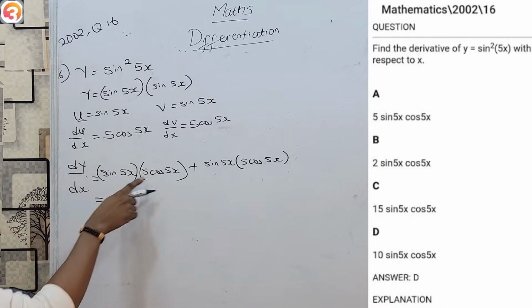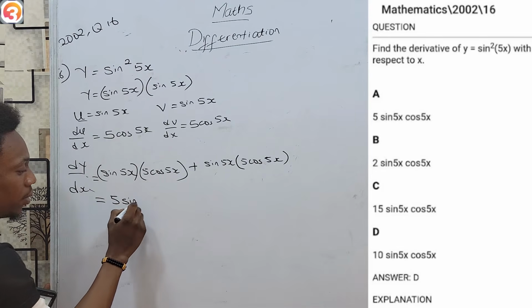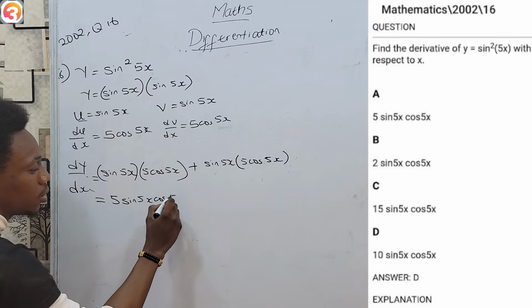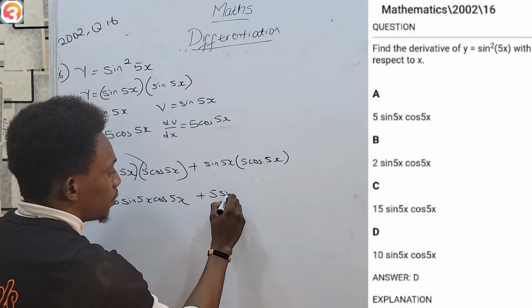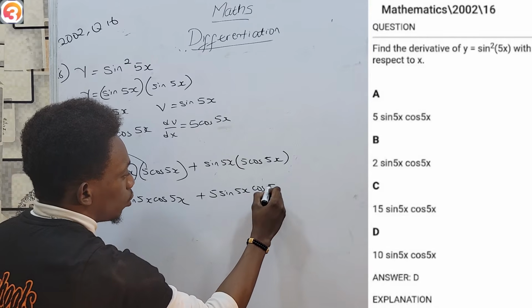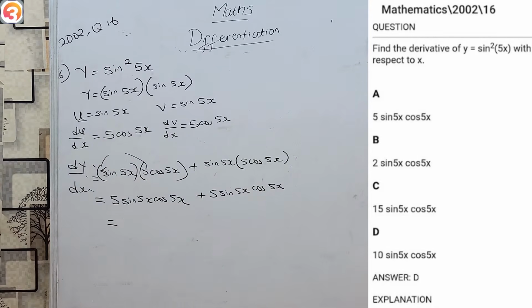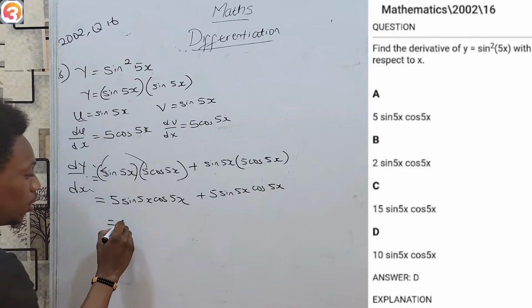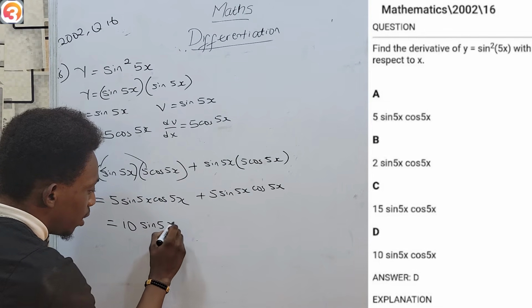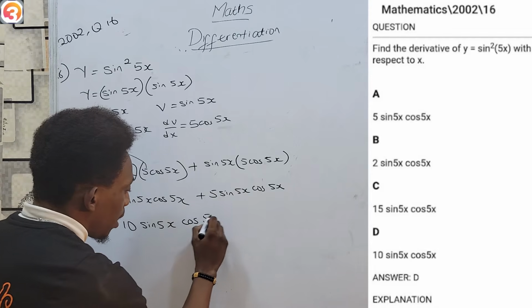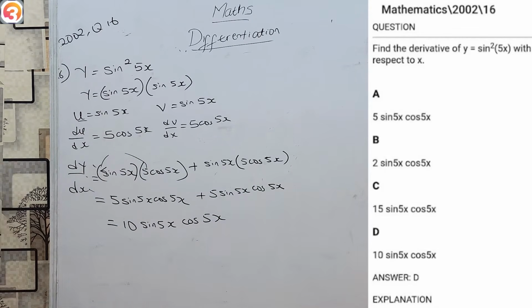Opening both brackets, this gives me 5 sine 5x cos 5x, because this 5 just moved to the front. Same thing happens here. 5 sine 5x cos 5x. And we know that 5 of anything plus 5 of that same thing equals 10 of itself. So 10 sine 5x cos 5x. When I check my options, this is option D.